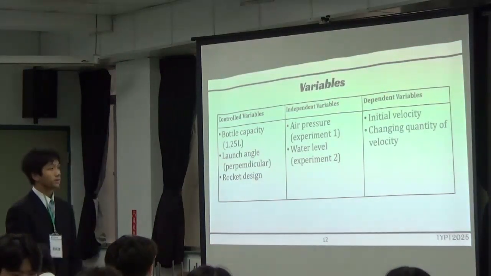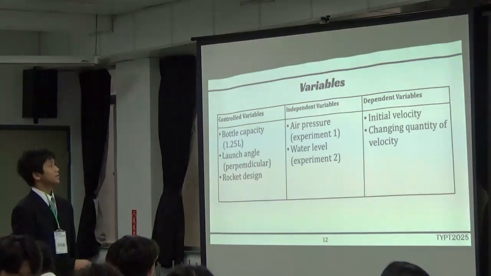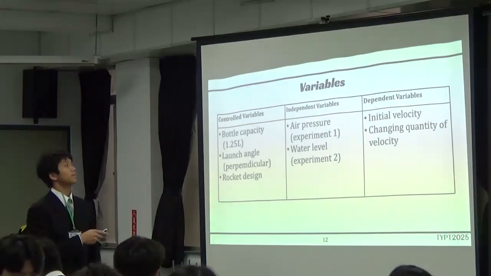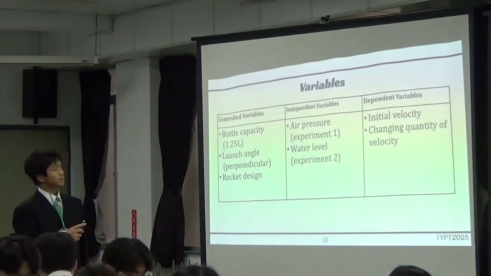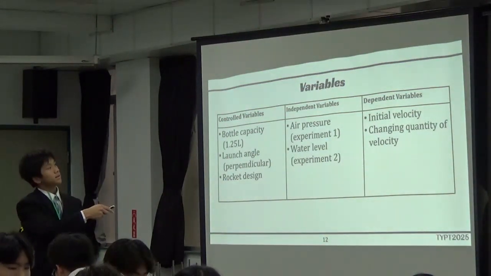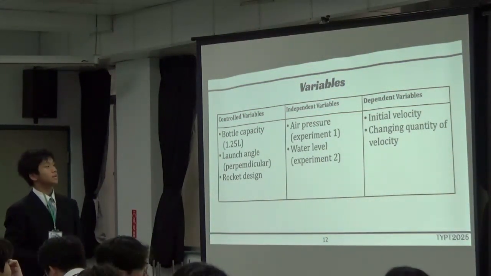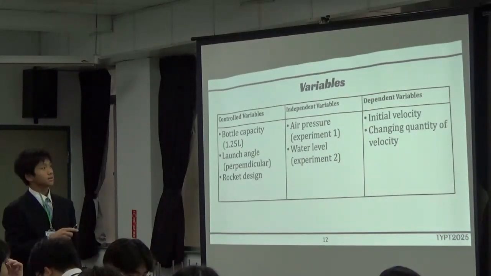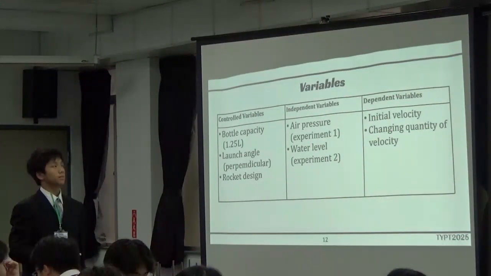These are the variables of this experiment. First, the control variables. These are mainly about the water rocket, and then the independent variables. These are what the problem statement states.